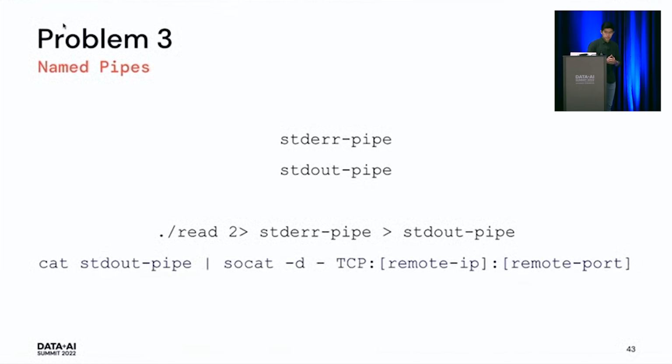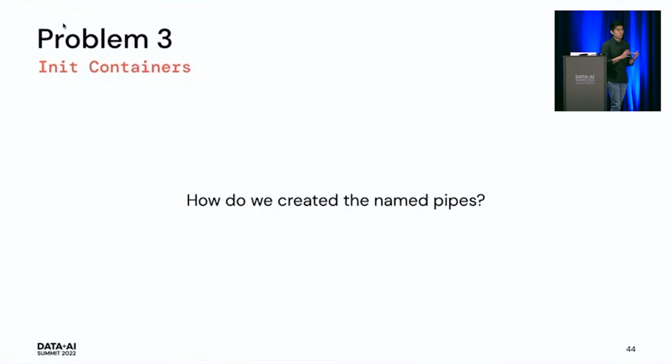In the sidecar container, we can now say, okay, you who are responsible for socat, you will read your input from one of these pipes. In this case, this command is reading it from the standard out pipe, and then using socat and what we've already discussed to push all of that as a TCP connection to remote IP port combinations.